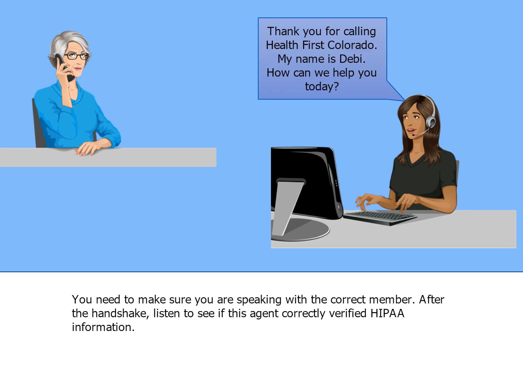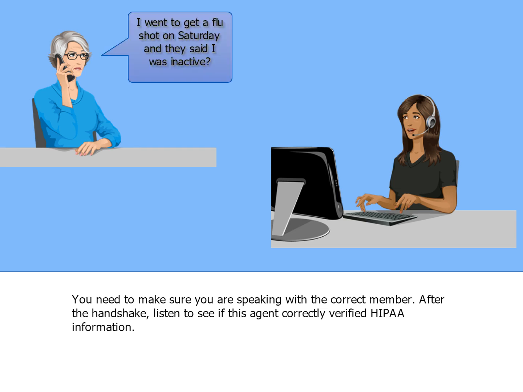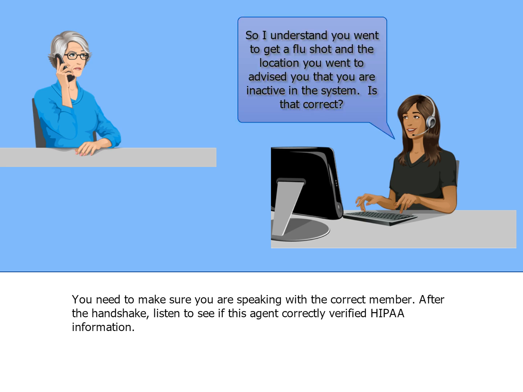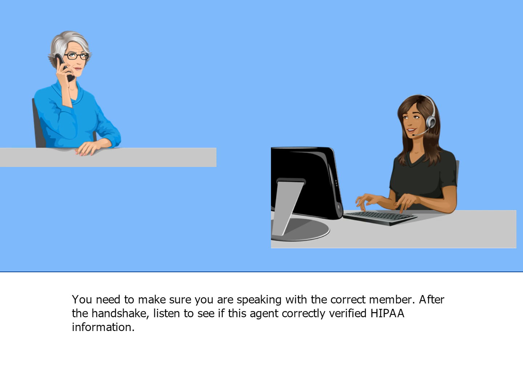Thank you for calling Health First Colorado. My name is Debbie. How can we help you today? I went to get a flu shot on Saturday and they said I was inactive. So, I understand you went to get a flu shot, and the location you went to advised you that you are inactive in the system. Is that correct? Yes. Sure, I can help you with that. May I have your member ID, case number, or social security number? G273548.